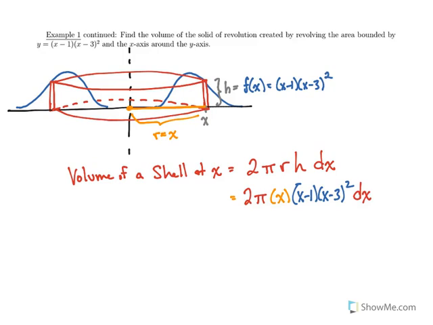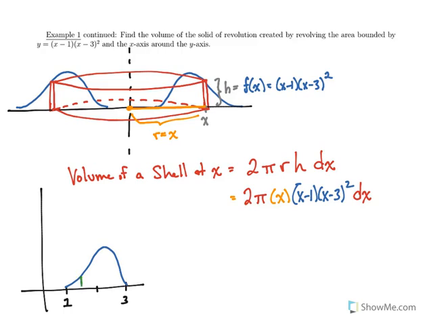Now we are going to have a shell for every x value in between 1 and 3. Looking at our original picture here, we have our little area.